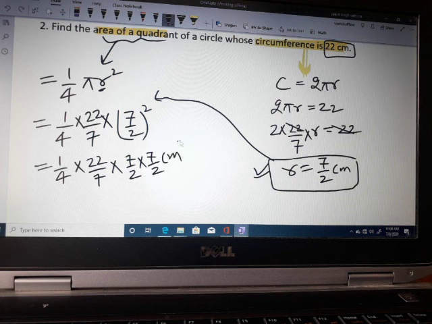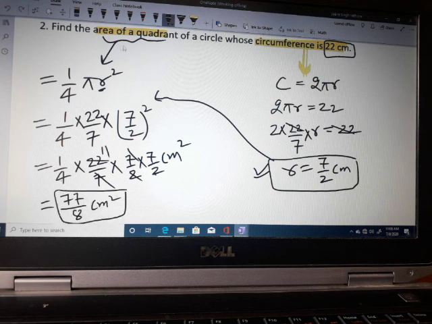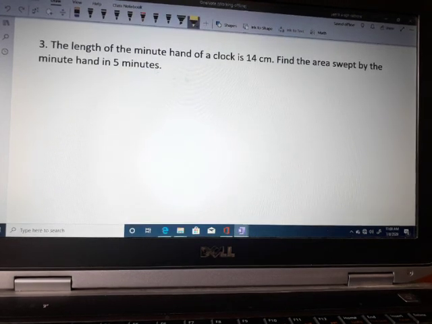Solving this, you will get 11 into 7, that is 77, divided by 4 into 2, is equal to 77/8 centimeter square. This is the area of the quadrant of the circle. I hope you solved it. This is your final answer. Next question, question number 3.